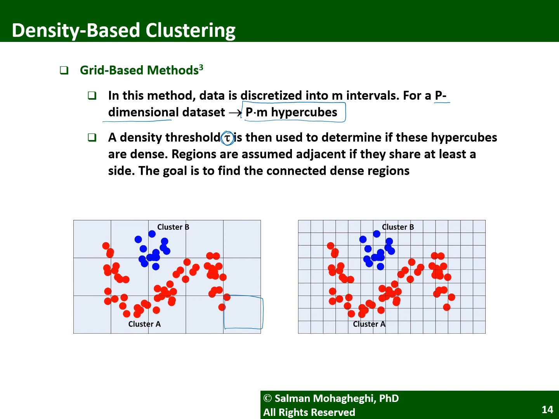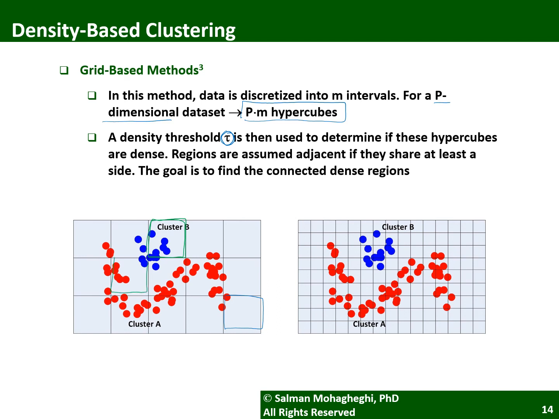So let's look at it through this example. Example on the left, imagine my tau is, let's say, 4. If tau is 4, I will have, let's use a different color, this cell marked as dense because I have 1, 2, 3, 4, 5, 6.